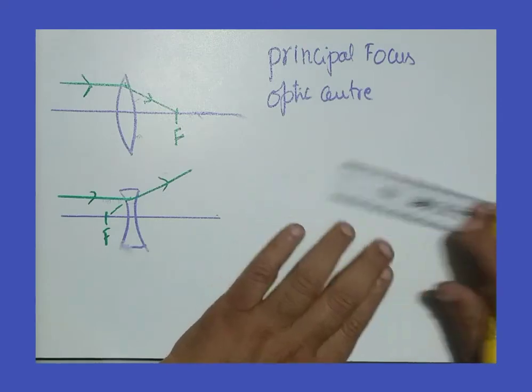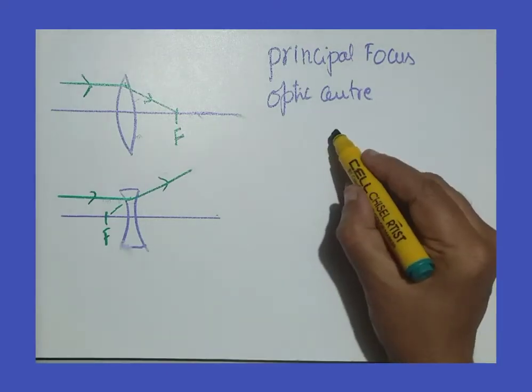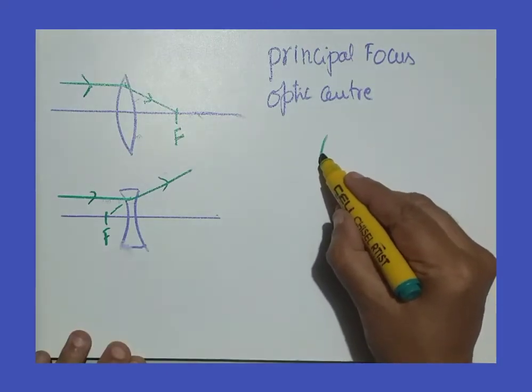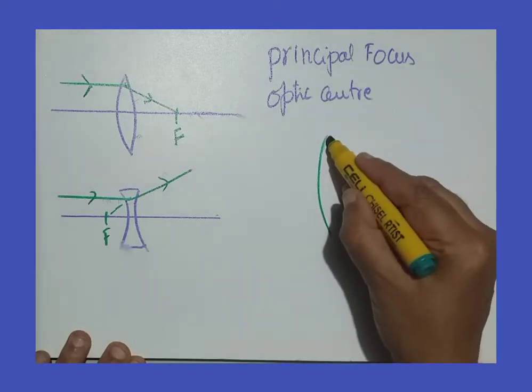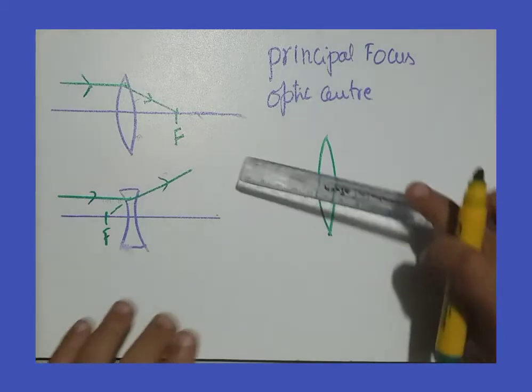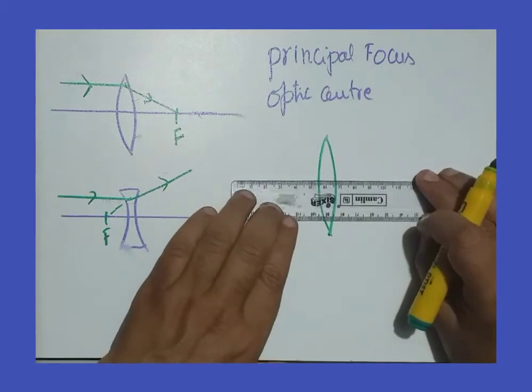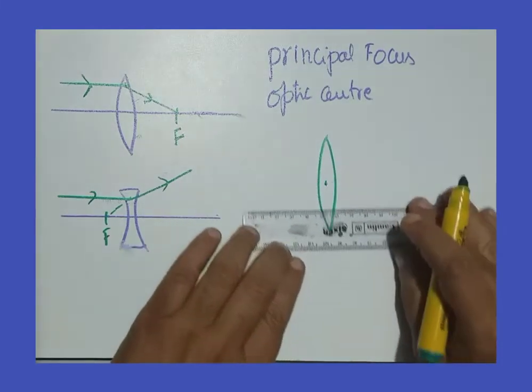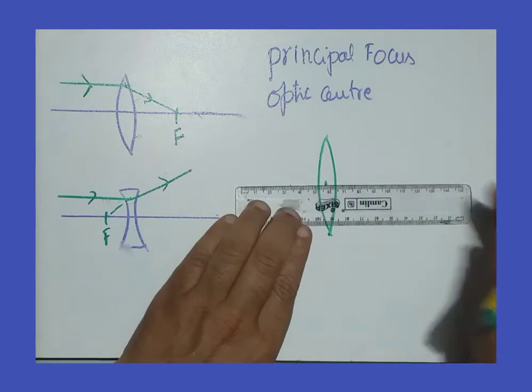Let me write the figure first like this. Say, this is the lens and this is the point on the principal axis.